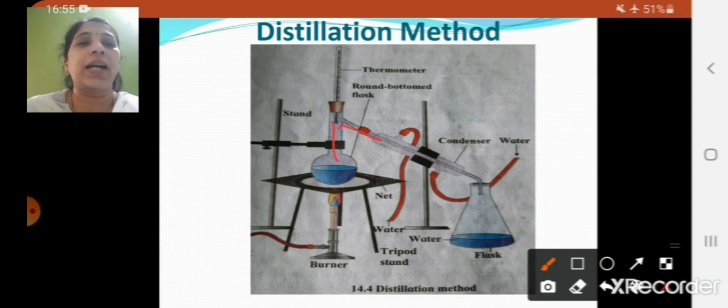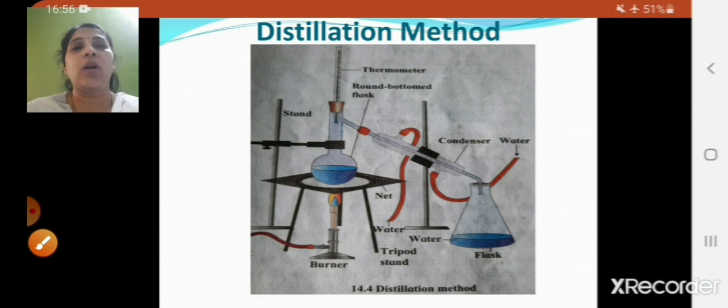Now this is the condenser, and it is surrounded by cold water. Because of the surrounding cold water, the vapors in the tube will get transformed into water, and drop by drop the water will get collected in the flask. This is the distillation method used for separating impure liquids.